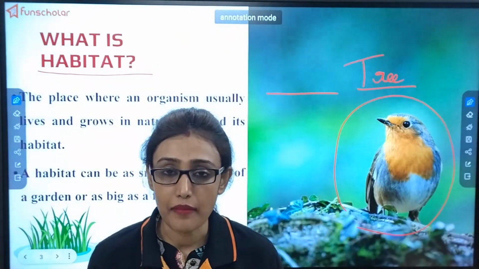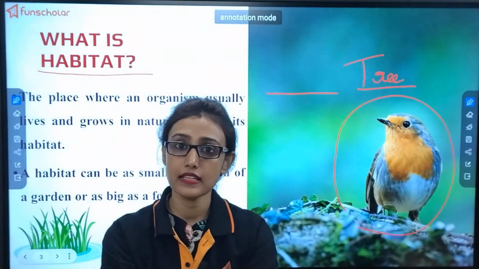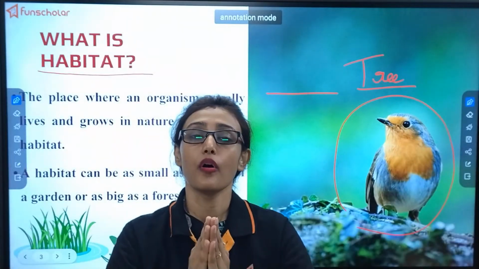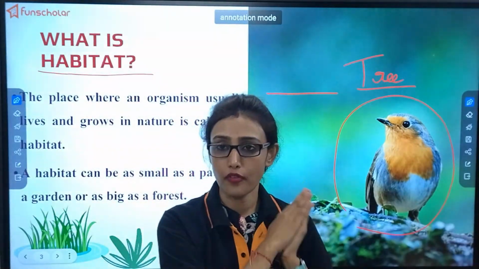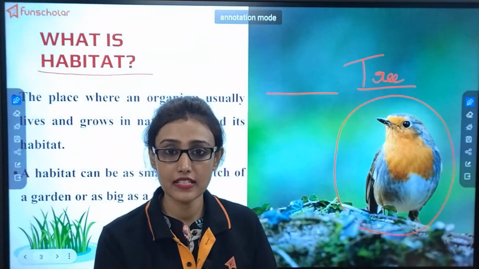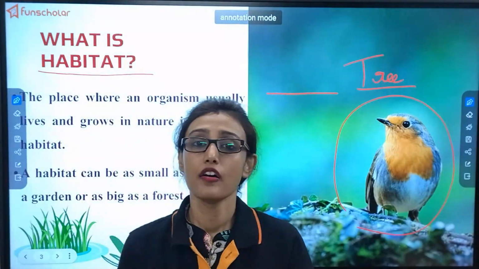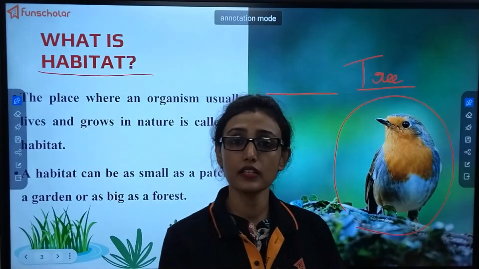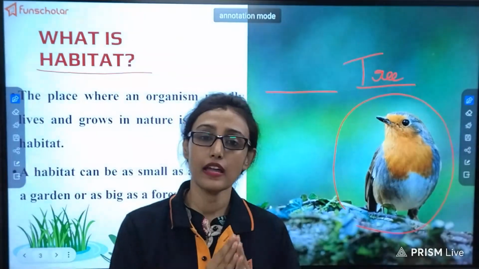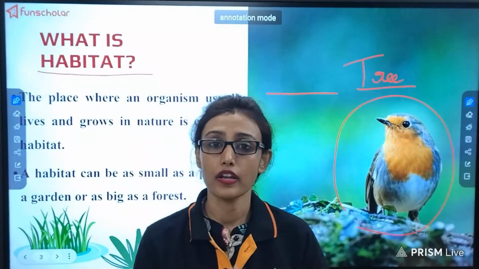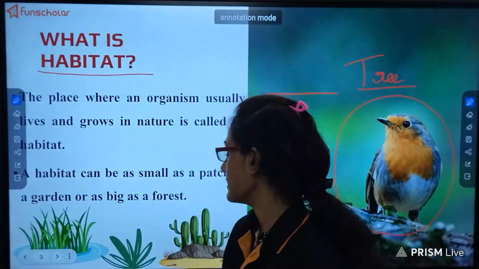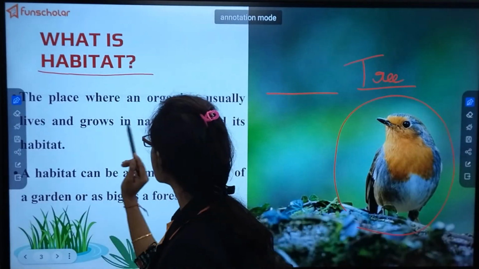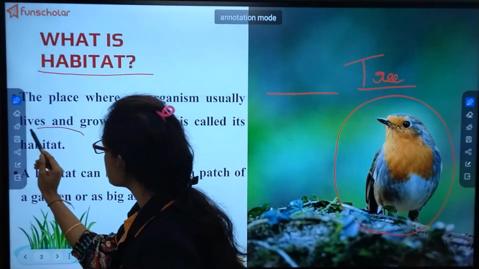So what is habitat? The place where an organism lives is known as habitat. For you, it is your home. For animals, it is the forest, desert, grassland, etc. For trees, it is the hilly region, coastal region, underwater, river, etc. Any place where an organism usually lives and grows in nature is known as its habitat.